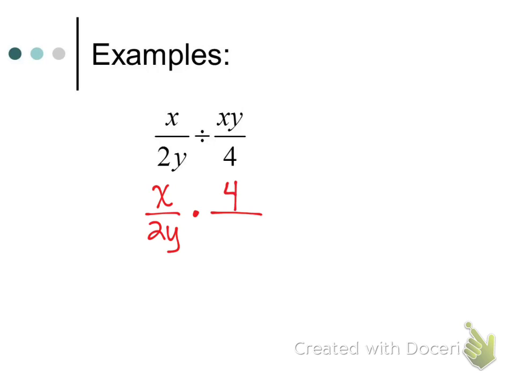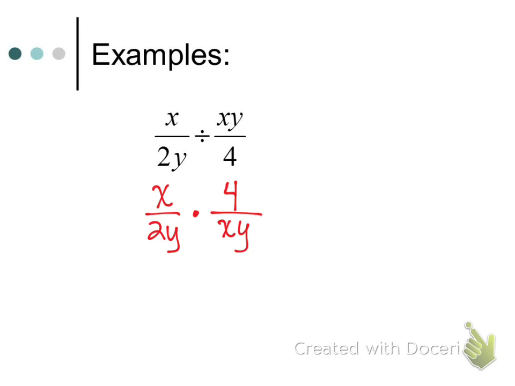So 4 goes on top now. XY goes on bottom now. Do not try to cross cancel anything until it's written like a multiplication problem. If you cross cancel when it's written as division, you're going to end up getting it wrong. We do not cross cancel until it's written like multiplication.